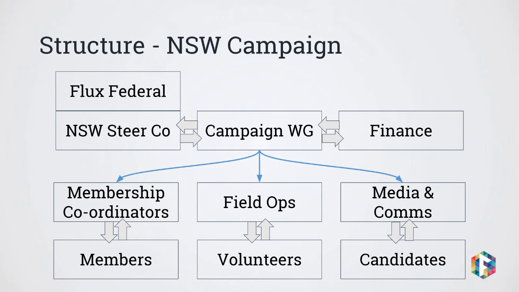So how the campaign team will work together, in essence, we'll have the New South Wales Steerco and Campaign Working Group working together very closely. The Campaign Working Group will work with the local team in New South Wales to coordinate with the membership coordinators, field ops, or the people who will be out managing stalls or door knocking or whatever it might be, and then a team managing media and comms who will work with the candidates to ensure that the candidates' message is getting out there.